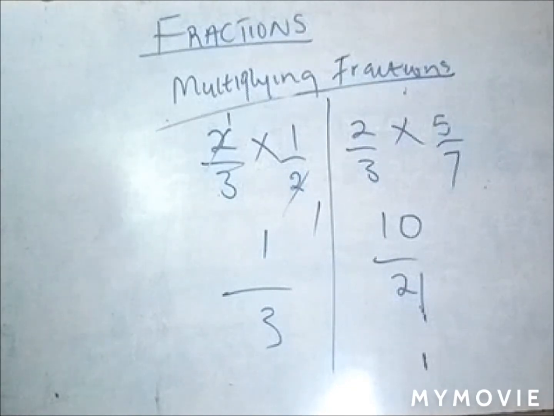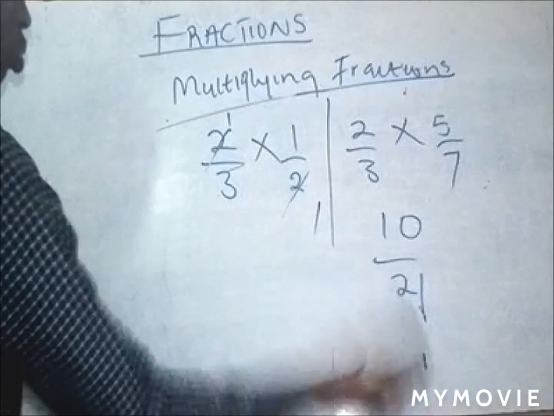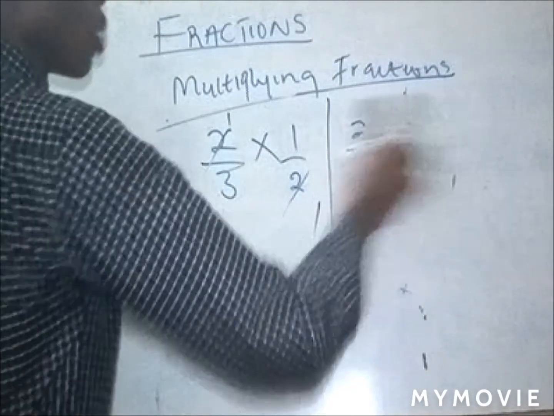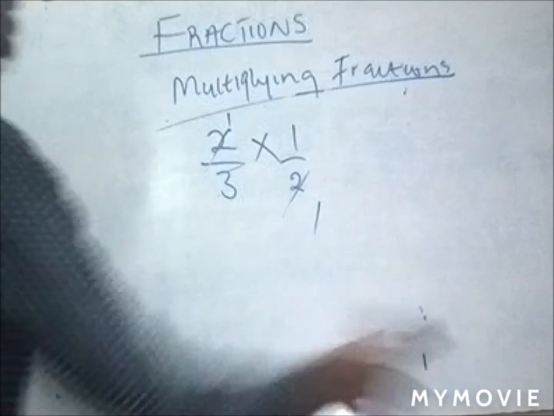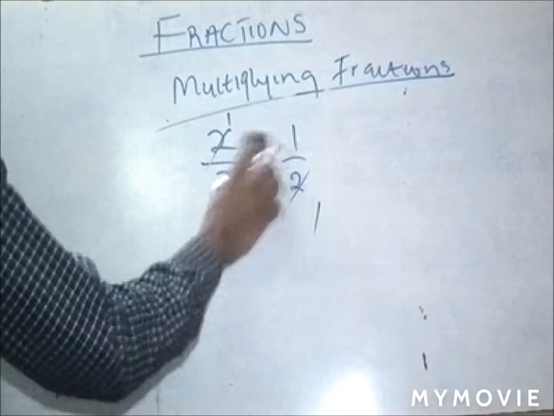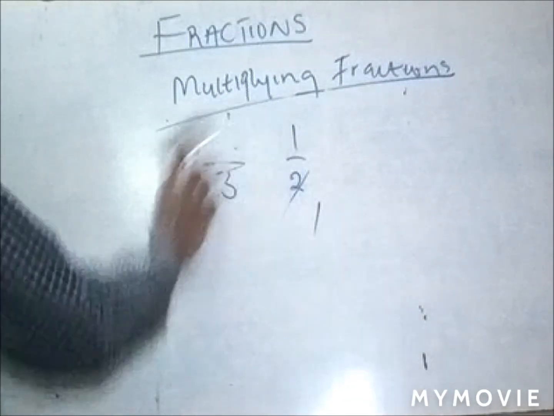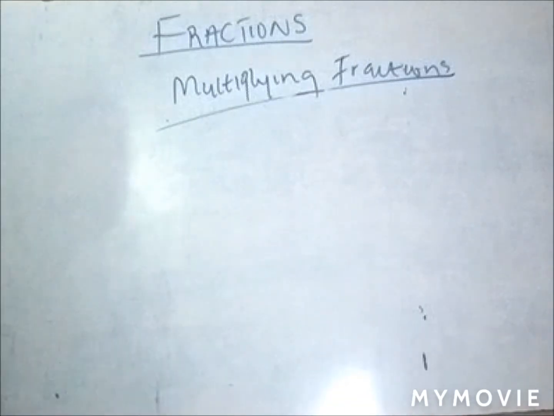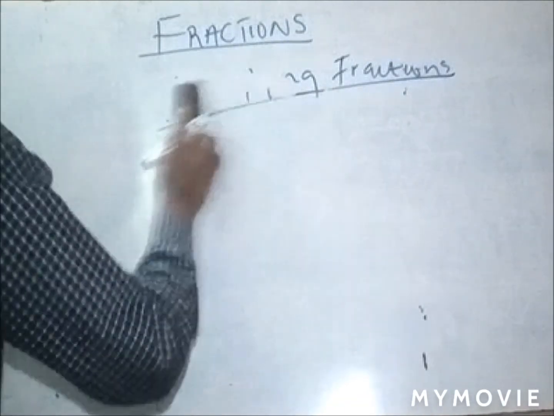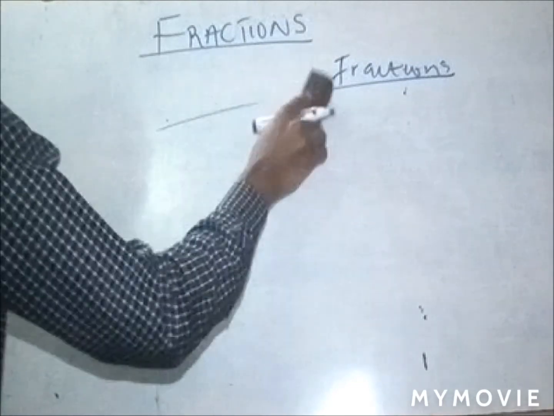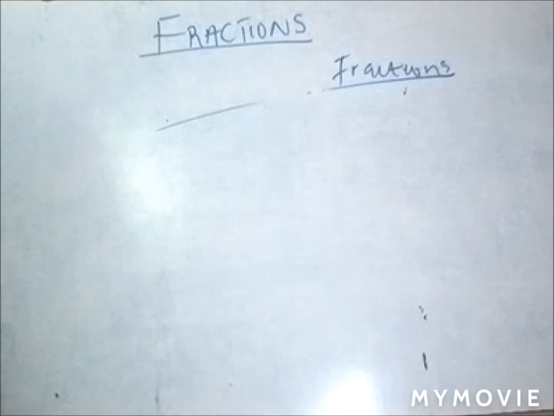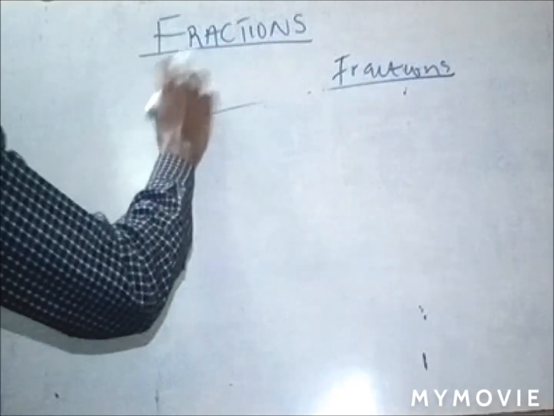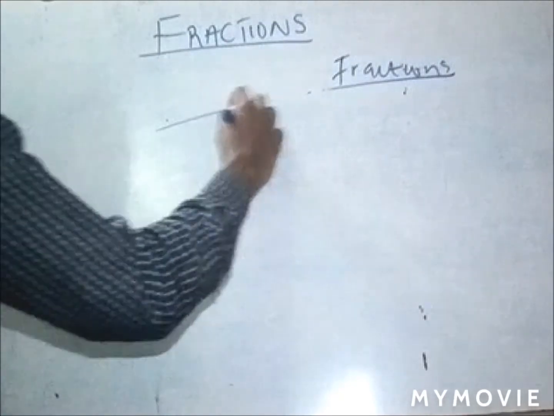But for division, there's something you may not be familiar with, or you already know, but just to remind you, or for those that are new to fractions, when you are dividing fractions, there's something you actually need to do before you get your final answer.